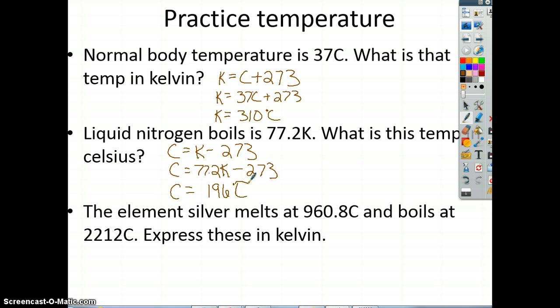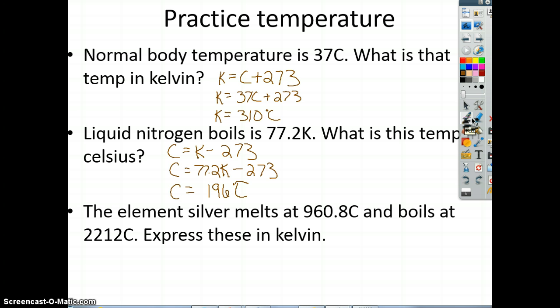Okay, so Celsius is equal to K minus 273. The K was 77.2 Kelvin minus 273. Do that in the calculator, and I wrote the wrong label. No, that's right, because we're finding Celsius. I was right. Okay. We're trying to find Celsius.